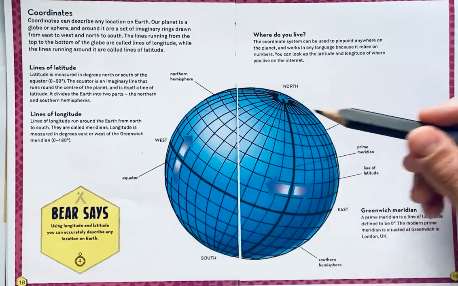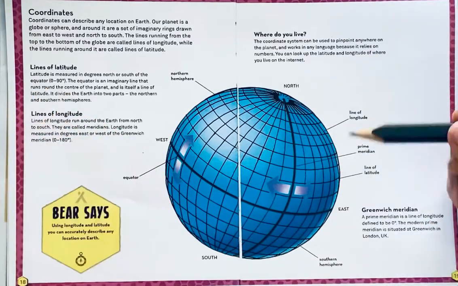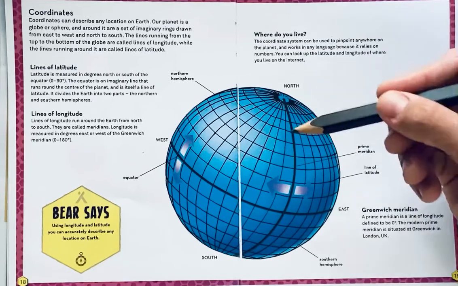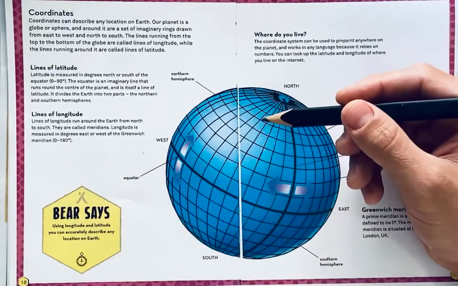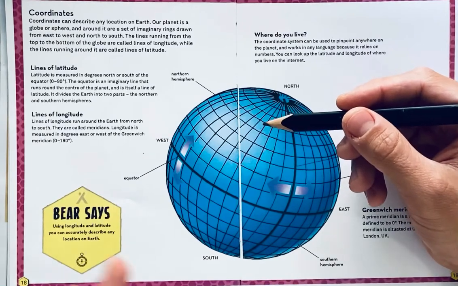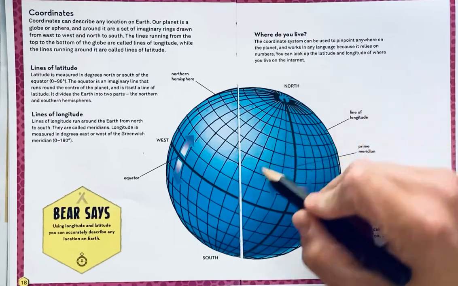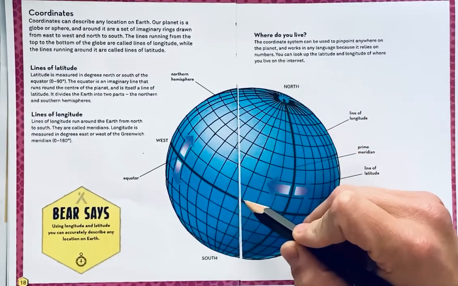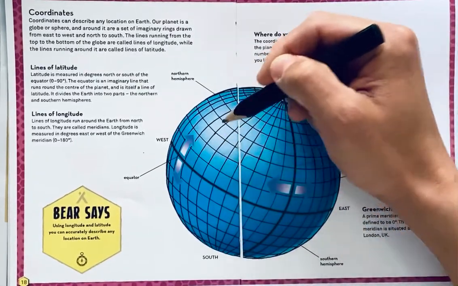We did not know how to measure lines of longitude until we had very precise time measuring devices, which is why in the past people would end up on coastlines. The old ship mariners and navigators would sometimes end up lost. They would know where they were on lines of latitude, but they did not know where they were on lines of longitude, which are these.